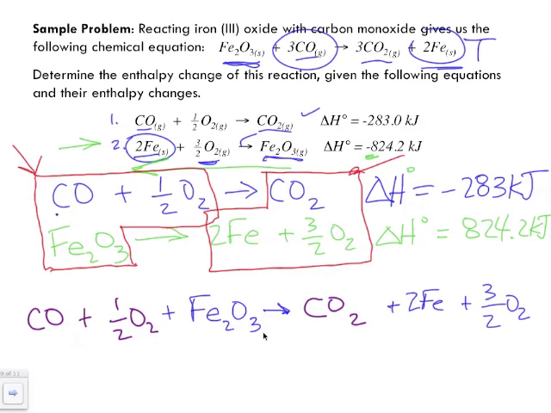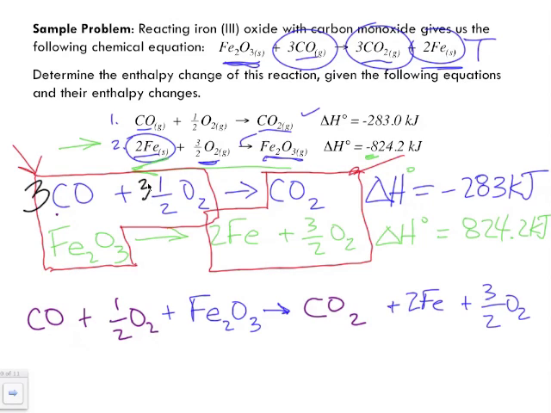Now, if we look at this equation, we've got 1 mole of carbon monoxide, but in the target we have 3 moles of carbon monoxide. We've got 3 moles of carbon dioxide. So what we have to do to equation 1 is multiply it by a coefficient of 3. So we're going to multiply all these terms by 3.